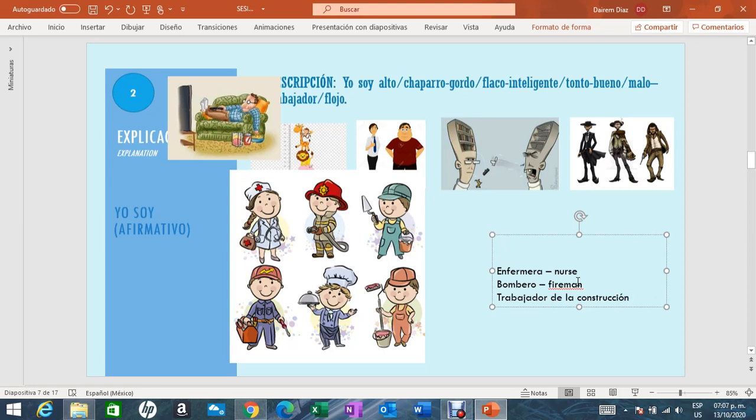Trabajador de la construcción. Construction worker. And the other word that I was writing down, which is not the formal way, is albañil.